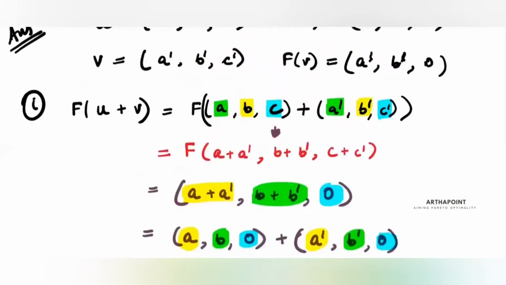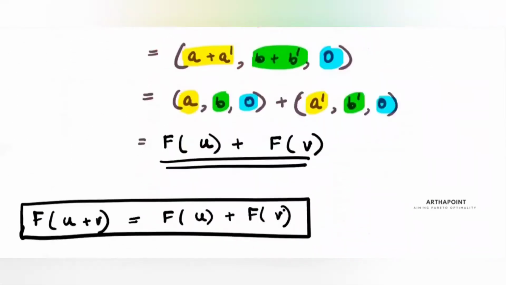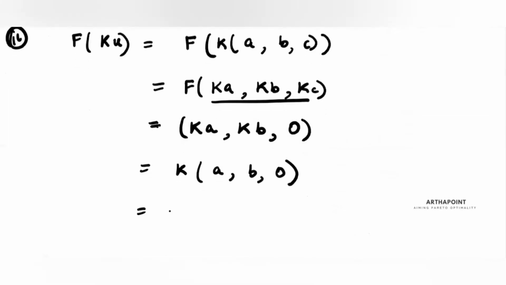Whenever you apply a function on any vector, the property given to me is first element as it is, second as it is, and the third comes as 0. So I just got this. Can I take k out common, and say that this is k times a, b, 0? But isn't this applying the function only on u? So I have proved the scalar property also.